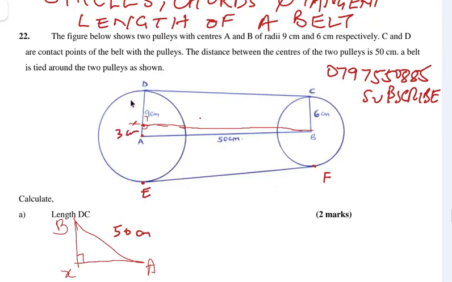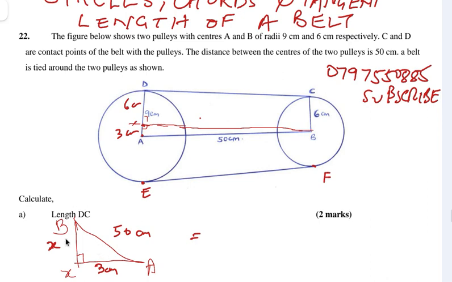So therefore hapa ni 6 cm, 3 cm, ndo maana ya kupa 9 cm yote, lakini hii part ni 3 cm. XB ama hii part, sorry, this part XB which is equal to this DC ndo part ambayo tutatafuta, hatujui. Sawa, so hatujui, let's say ni x.